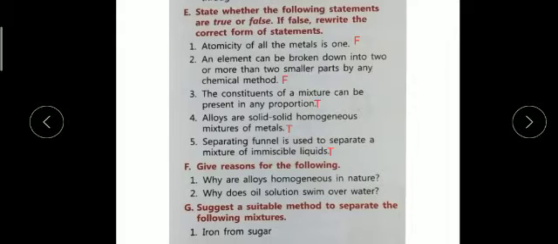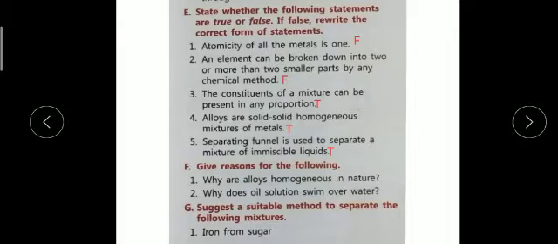Now, an element can be broken down into two or more smaller parts by any chemical method. The answer is false. In place of element, compound will come. So you can cut this element and write compound. In the first also, in place of metals, you can write noble gases.